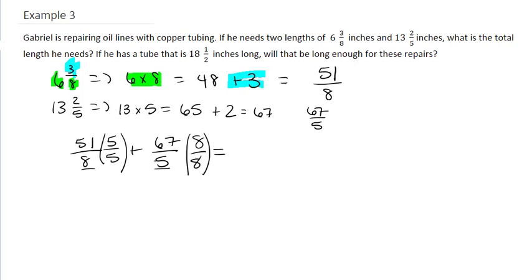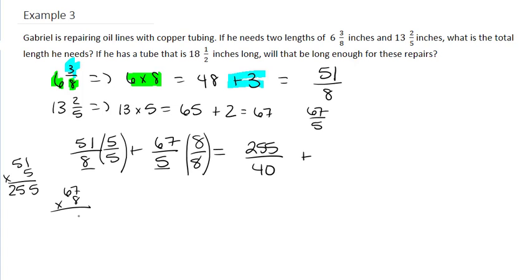So we're going to multiply 51 over 8 by 5 over 5 and 67 over 5 times 8 over 8. This will get us a common denominator of 40. So let's go ahead and do 51 times 5. 1 times 5 is 5. 5 times 5 is 25. So we got 255 over 40.